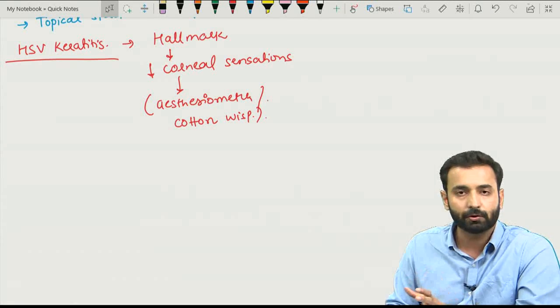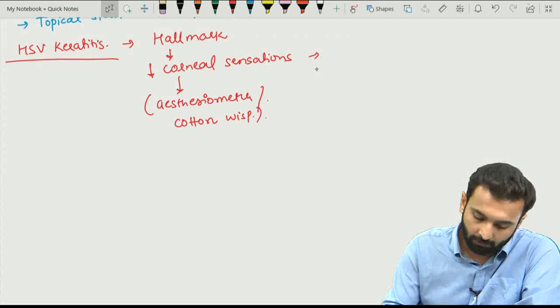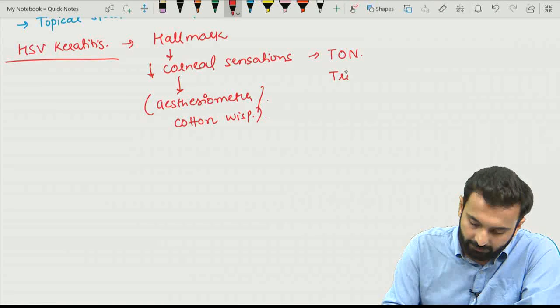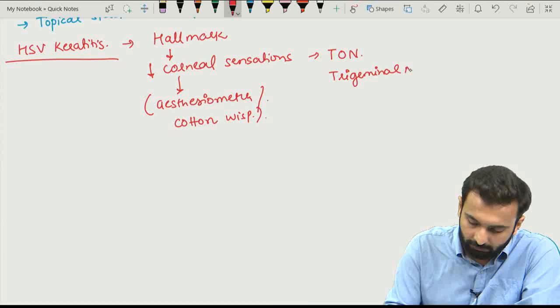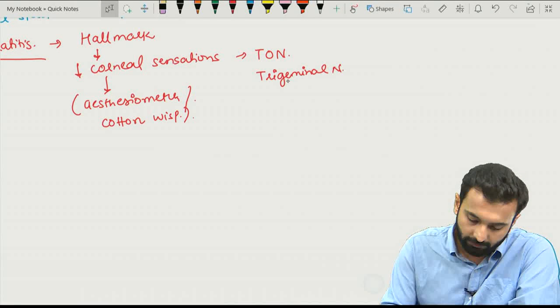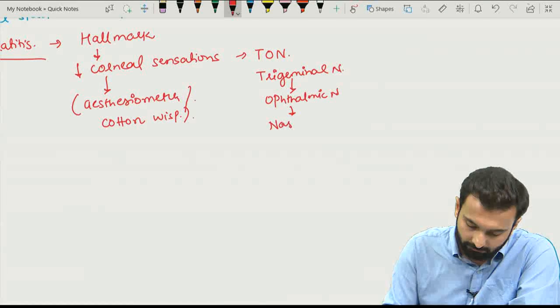Now, what else should you know in this question? The nerve supply of the cornea. Remember the mnemonic TON, where T stands for trigeminal nerve, giving a branch to the ophthalmic nerve, which further gives a branch to the nasociliary nerve.